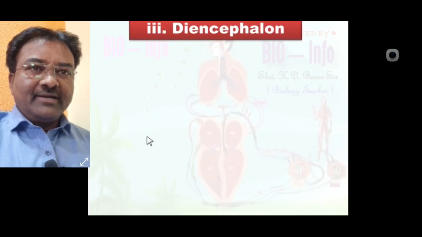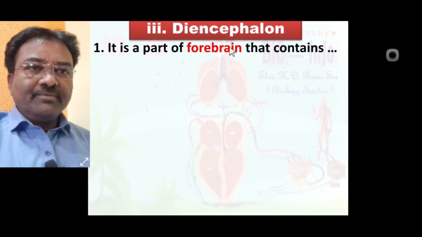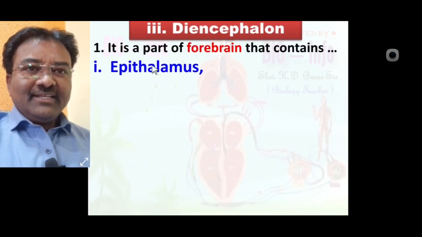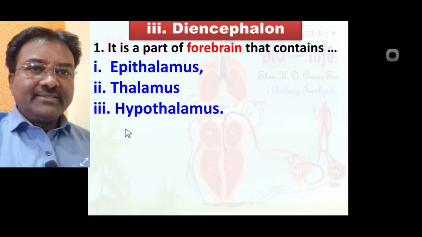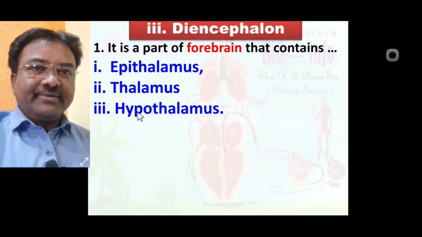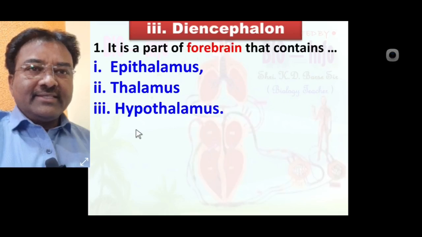It is a part of the forebrain that contains epithalamus, thalamus and hypothalamus. Epithalamus, thalamus and hypothalamus are the different parts of diencephalon. We learn all three parts one by one.